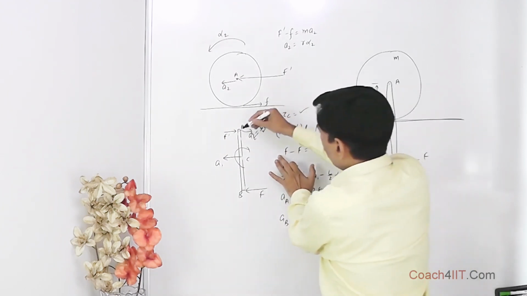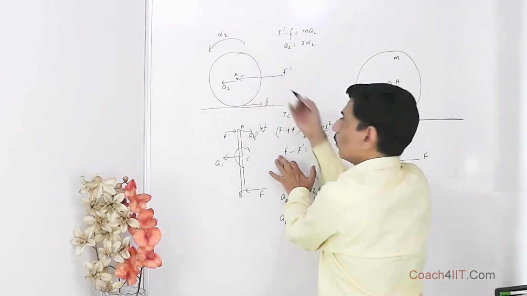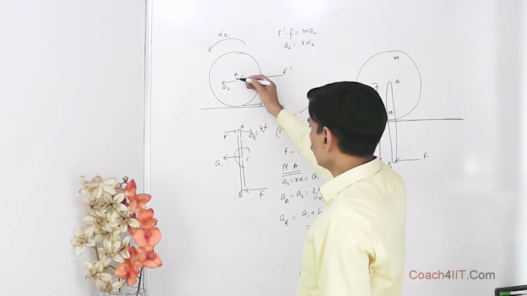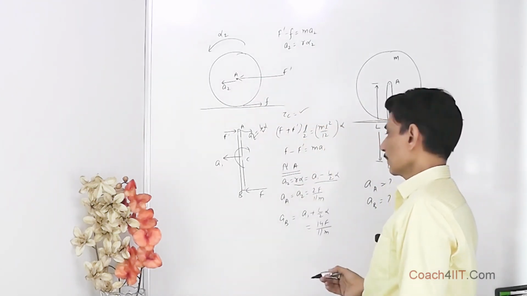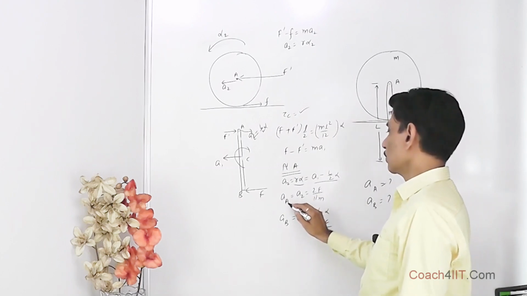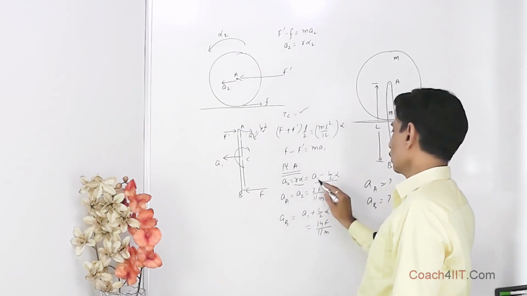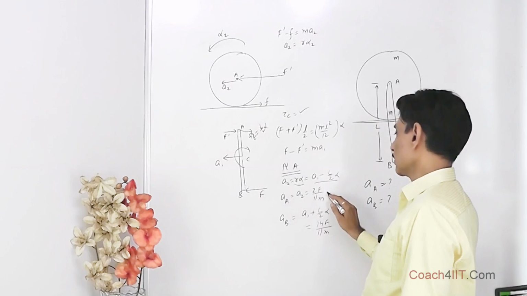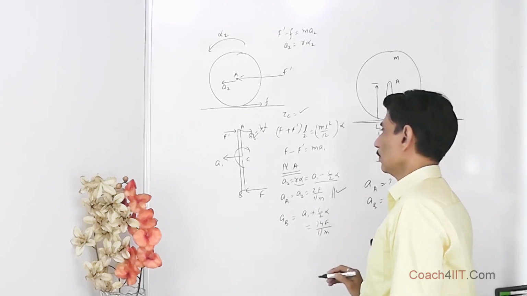But this point is common for both, so this one point cannot have two accelerations. It is going to have one acceleration only. So whether we say A2 or A1 minus L by 2 alpha, they should have the same value. So the acceleration of A is equal to A2, which is also equal to A1 minus L by 2 alpha. From here we get the value of A2 as 2F by 11m, which is the acceleration of point A.